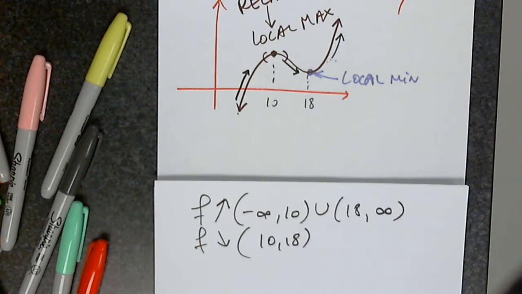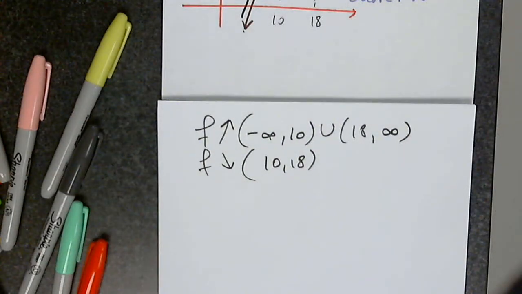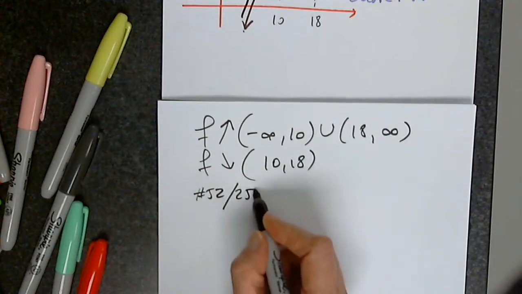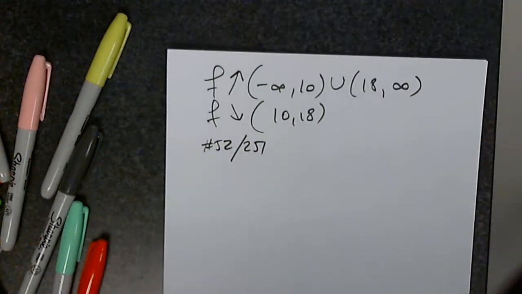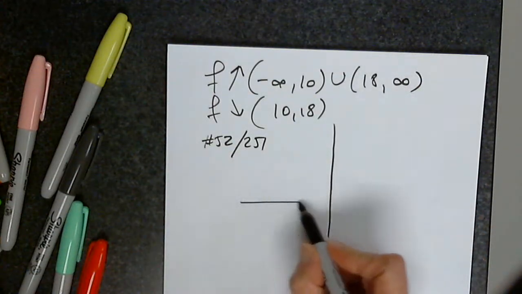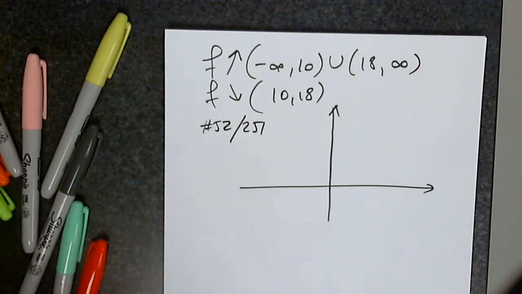Okay, I'd like to look at a problem on page 251. It's a long problem. Let's say number 52 on page 251. I'm going to copy the graph. It's a long problem because it has a lot of questions.